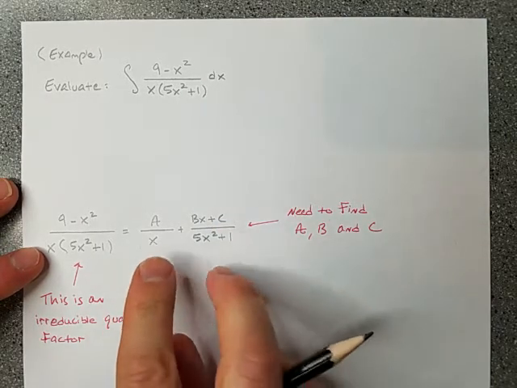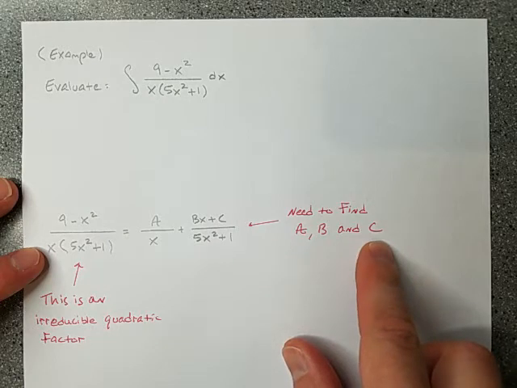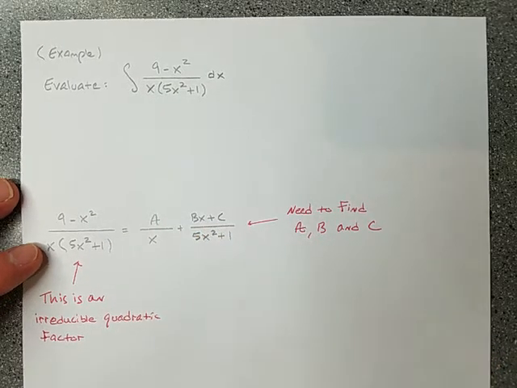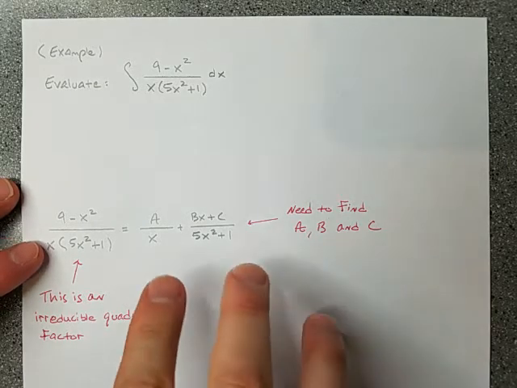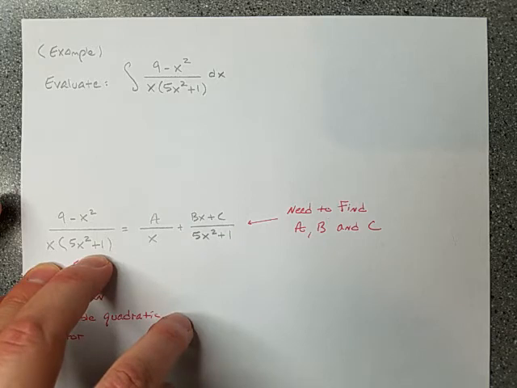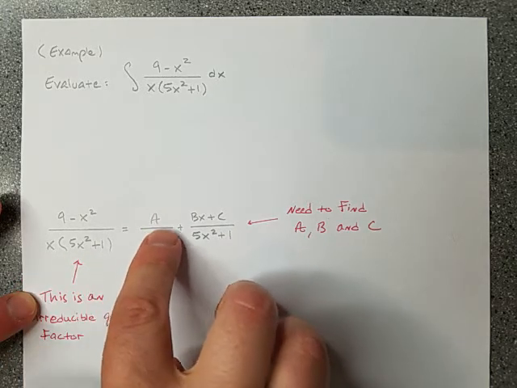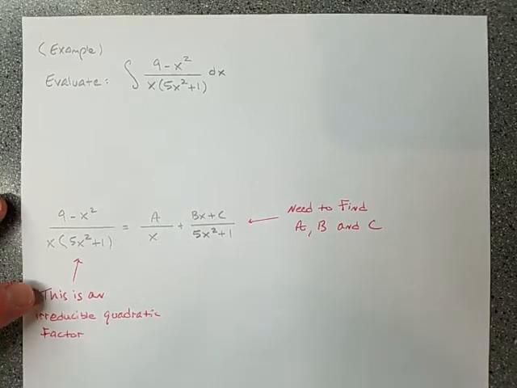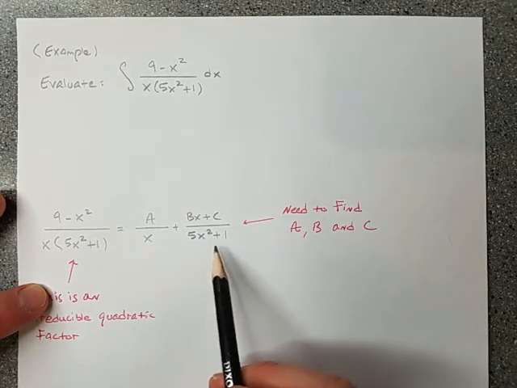Now, we still find a, b, and c, these constants, the same way as other problems. If I add these together, I need to be able to get this. That's the key to finding out what a, b, and c are. So how would we do that? Common denominator is x times 5x squared plus 1.